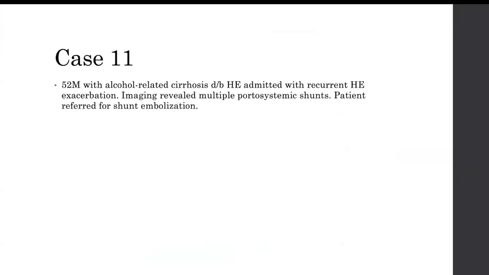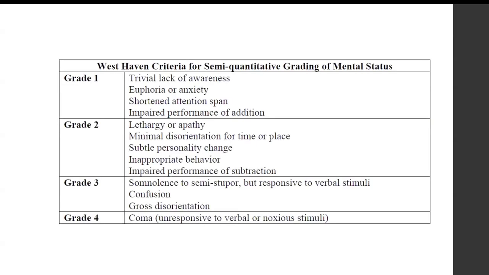So this is a patient, a 52-year-old male with alcohol cirrhosis, who's had a lot of encephalopathy. Came back in again, and despite being compliant with meds, and I think the most common reason for patients to have issues with encephalopathy is because they're not taking their meds. But this guy was taking it, and he had imaging done and showed some shunts.